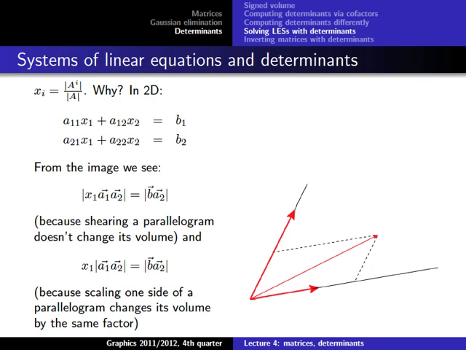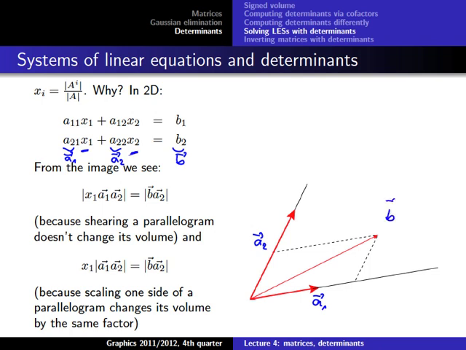So we take A1 as one base vector. So this is our A1 vector. We take A2 as the second base vector. And then the vector b is just a linear combination of these two vectors with the two factors x1 and x2.